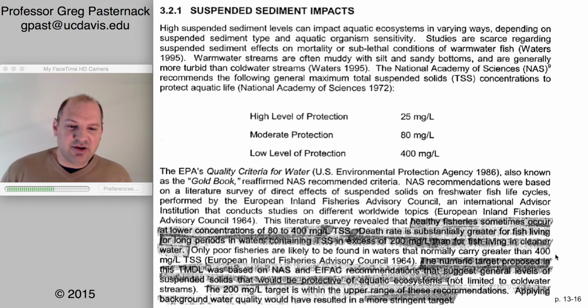But the main thing here is that we have a European Inland Fisheries Advisory Council bringing a European perspective, which is being applied across the United States, including in this super arid, hot region with an irrigation-dominated source of water.